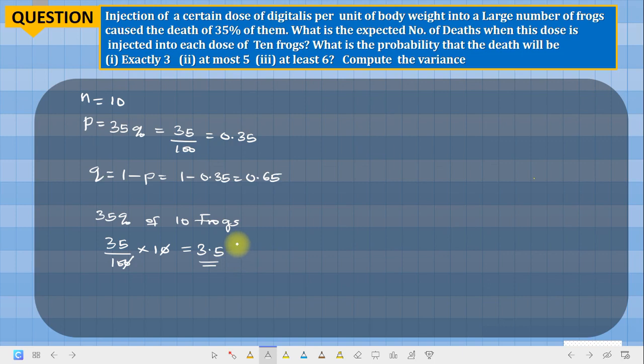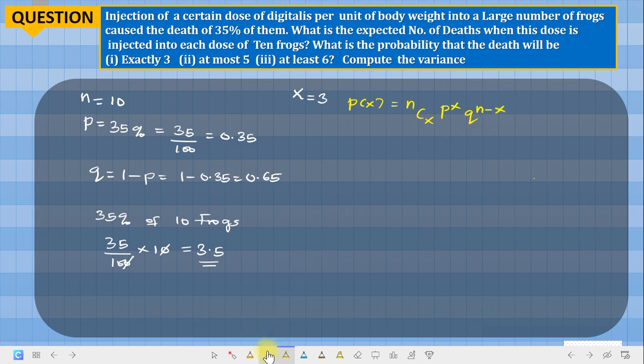The next question is, what is the probability that the death will be exactly 3? Now the probability that the death will be exactly 3 means our x is equal to 3. And if our x is equal to 3, we know the formula for the binomial distribution. Let's write it out again. It's P(X = x) is equal to n combination x, p raised to the power of x, q raised to the power of n minus x.